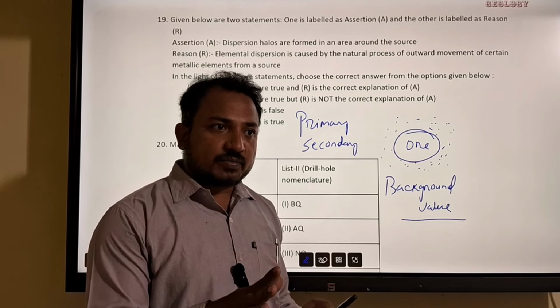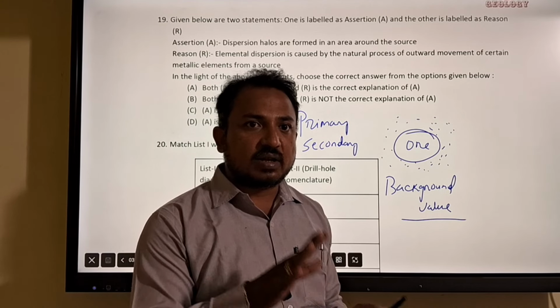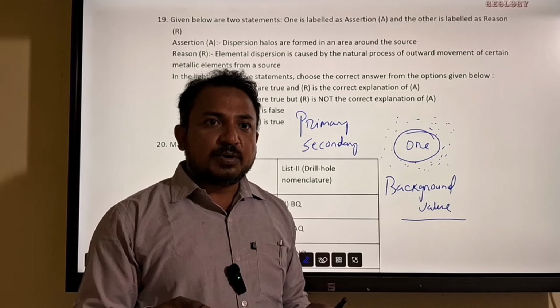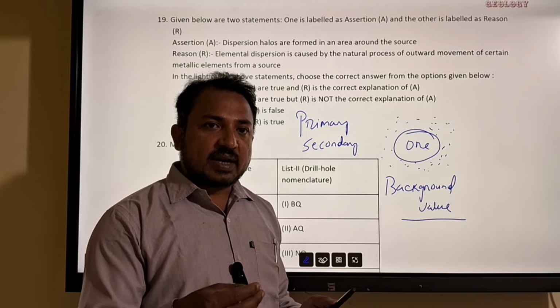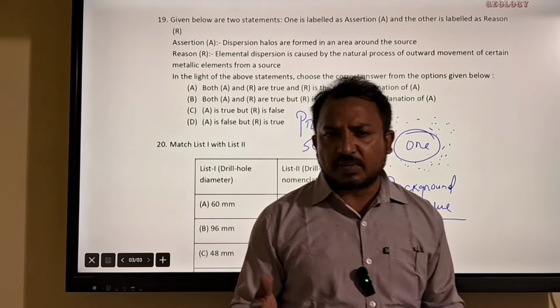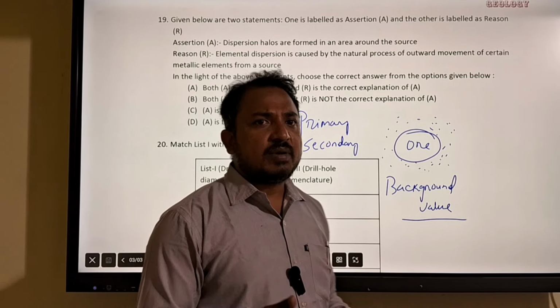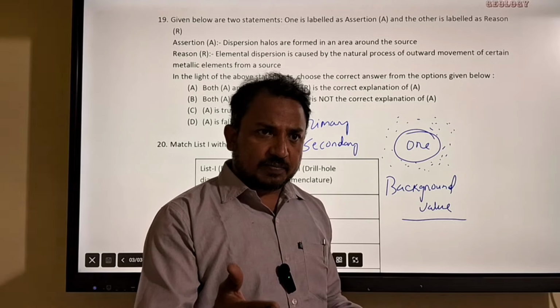Suppose iron, suppose copper. They have a certain percentage within the crust, that is a normal value. In places of ore deposition, that percentage will be more. Suppose aluminum has about 8 percent in the crustal region, but in the region of aluminum deposition, that percentage will be higher.